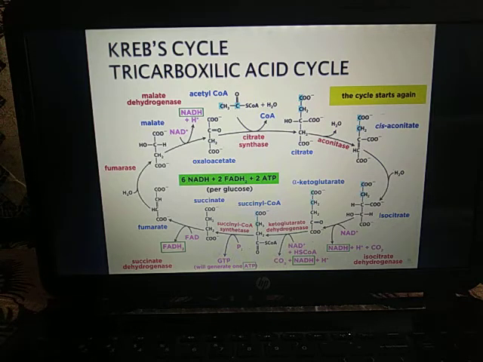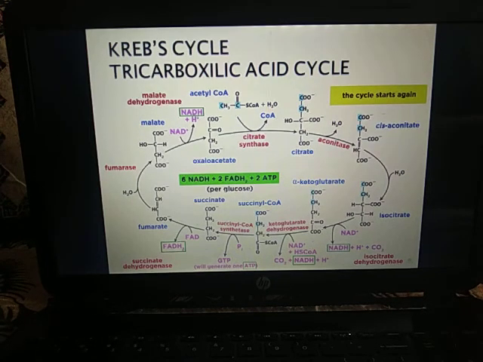Next step is formation of alpha ketoglutarate. Now isocitrate undergoes oxidative decarboxylation in presence of enzyme isocitrate dehydrogenase and magnesium ion.